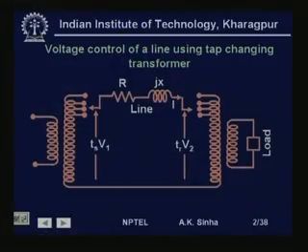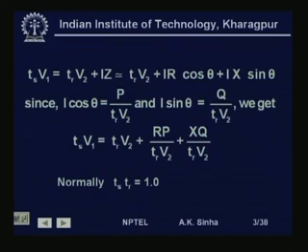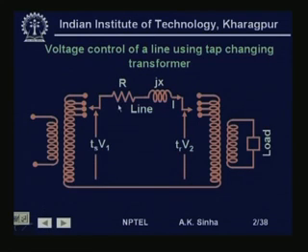So, we will start with voltage control of a line using tap changing transformers. Here we have this transmission line given by its simple short line model of R plus jX. We have neglected the shunt capacitance for the line in this model, and we have a step up transformer at the sending end.